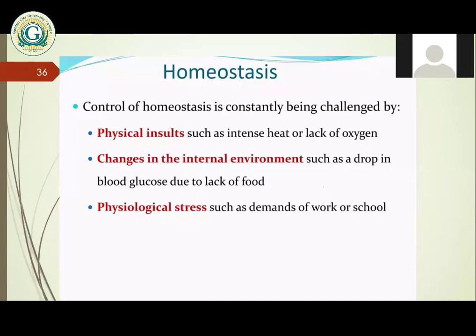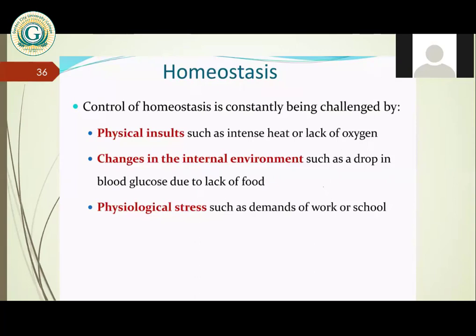We may find ourselves in very low or high pressure, low or high oxygen levels, or a very cold or very hot environment. All these physically affect the system, and therefore the system has to generate a mechanism to maintain the normal state of the internal environment despite the changes occurring around us.